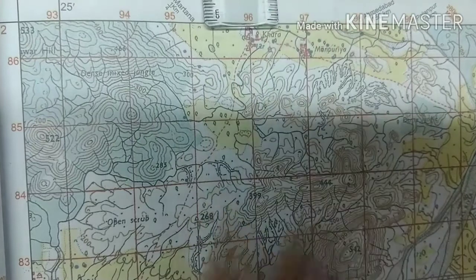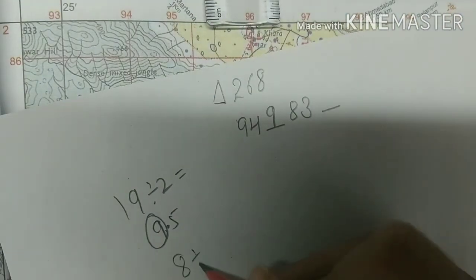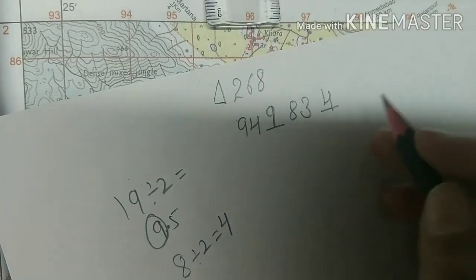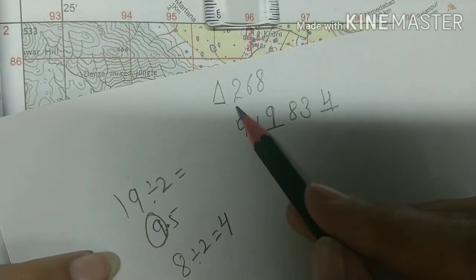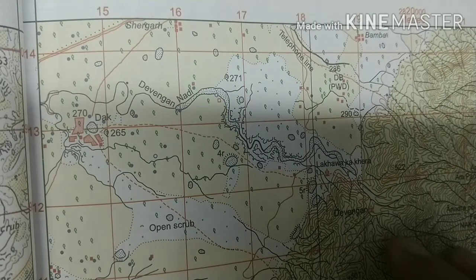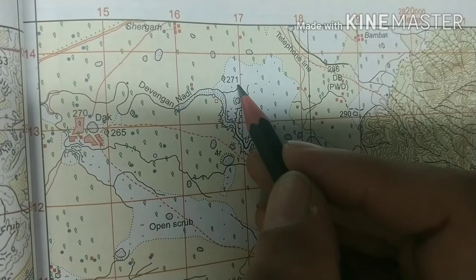We will take 8. Divide the 8 by 2. Answer is 4, and we will write here 4. So this is the 6-figure grid reference of triangulated height 268.